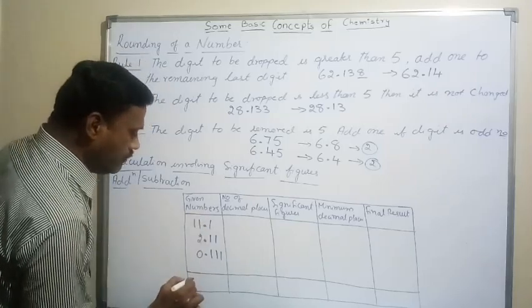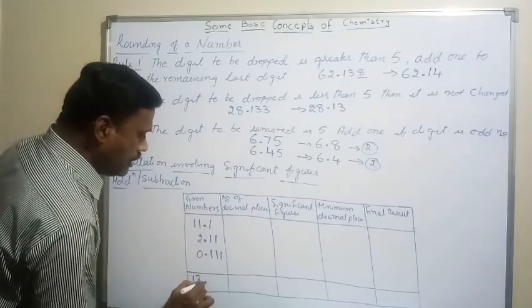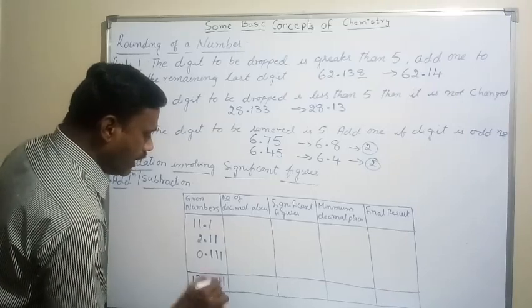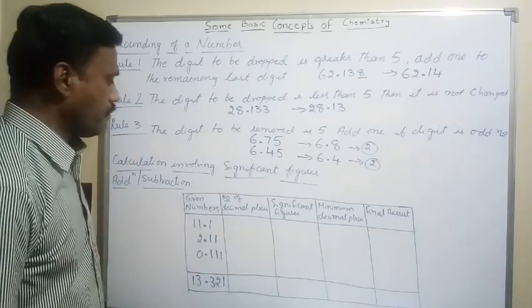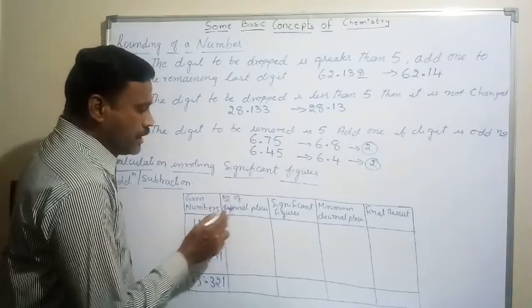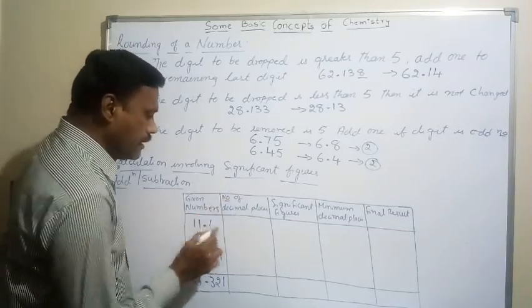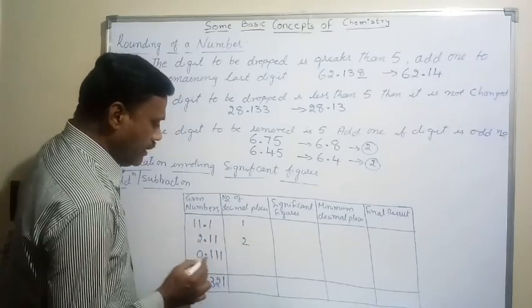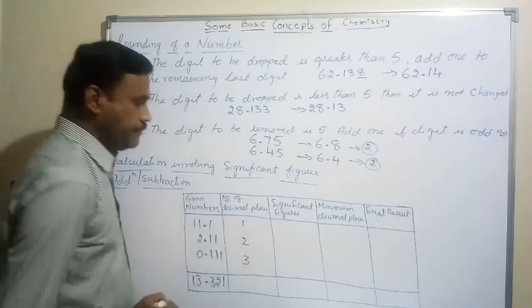The sum will be 13.321. Total number of decimal places, here it is 1, second case 2, and here it is 3.